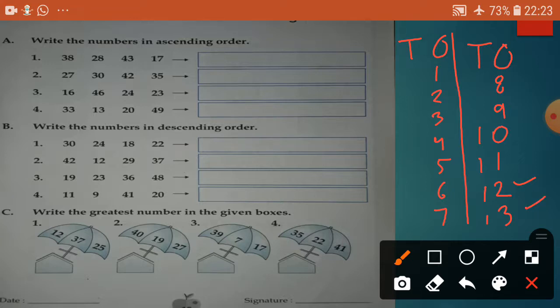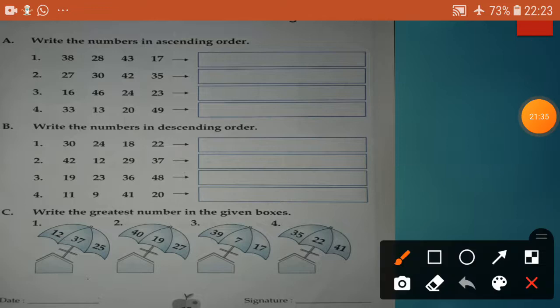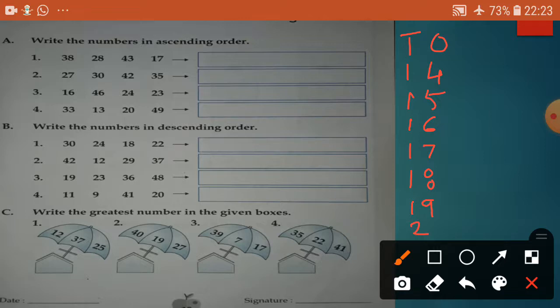Okay, so I write here tens ones. 1 ten 4 ones 14, 1 ten 5 ones 15, 1 ten 6 ones 16, 1 ten 7 ones 17, 1 ten 8 ones 18, 1 ten 9 ones 19, 2 tens 0 ones 20.